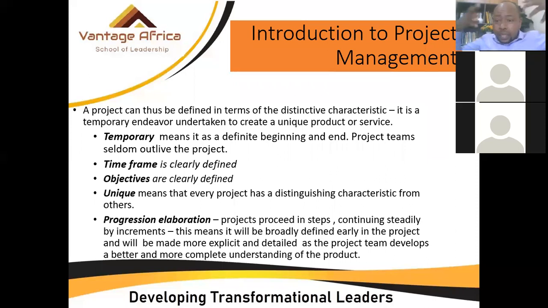So as things progress, as we move on with the implementation of the project, we keep getting a better understanding of this particular project. And that is why, for those who are doing M&E, monitoring is very important, because you keep checking, okay, guys, are we moving too far to the west?